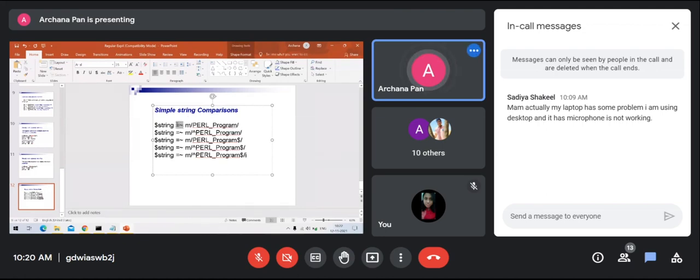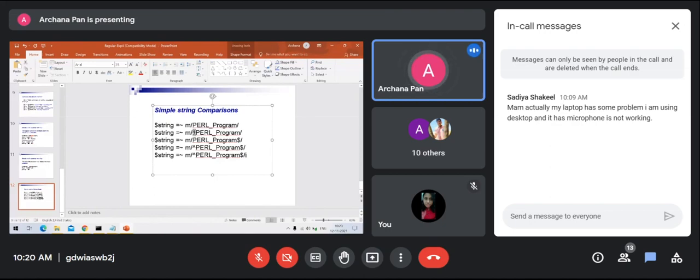This is the binding operator. With the binding operator you can use only one scalar variable. If you write an array here, there is no meaning.